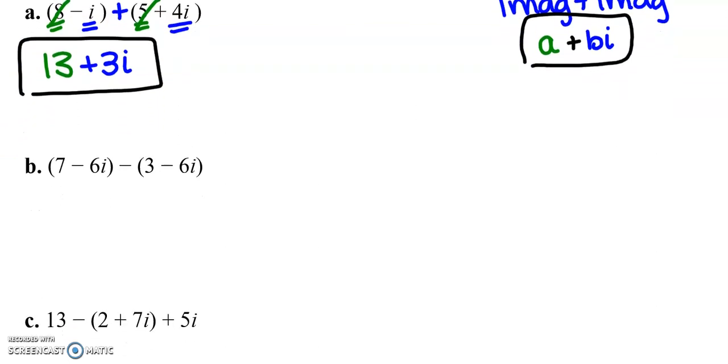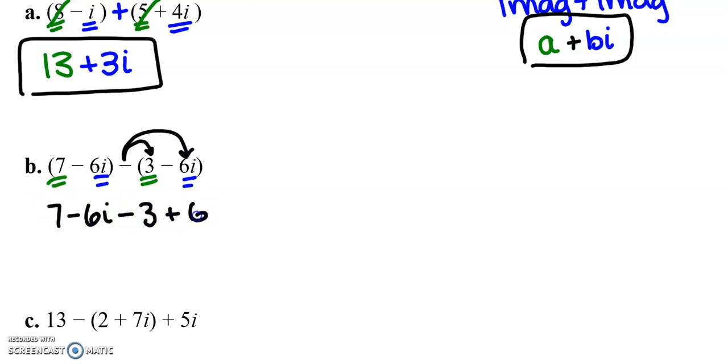This next one, order of operations. If I take this complex number, here's my real part, here's the real part, here's the imaginary part. Order of operations says that I should distribute this negative sign first. So I'm going to rewrite this as 7 minus 6i minus 3, and then negative times a negative makes a positive.